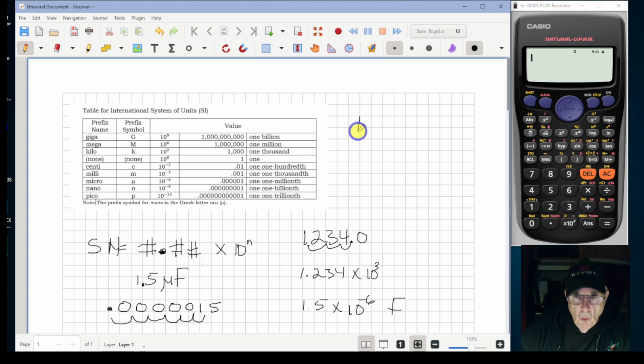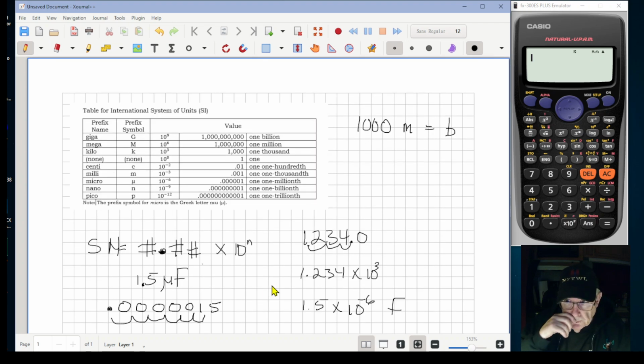For example, 1,000 million is a billion. 1,000,000 is a million. Then we start adding more zeros in front. But I always think of this as how many places behind the decimal point do I have to go before I place the decimal point.